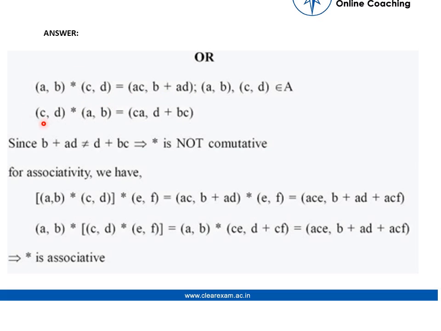Now if we reverse, suppose this is A and this is B, so B star A we have to see, so (c, d) star (a, b), but we are not getting the same value, so this is not commutative.